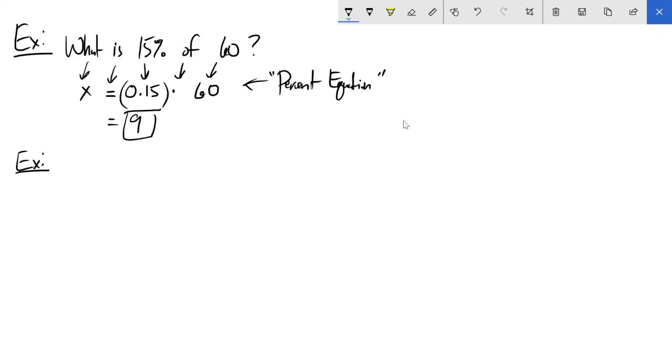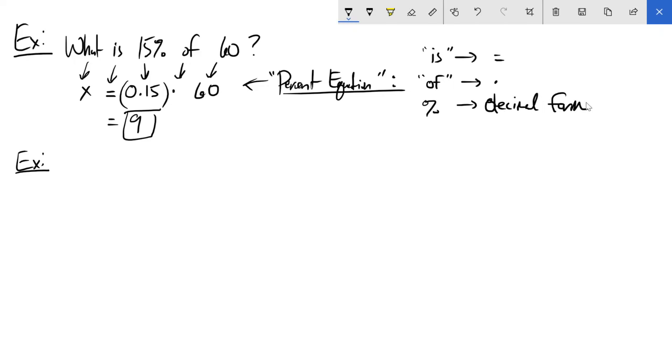If you can frame a percentage problem into a question like this, an is-of question, then the question itself tells you how to solve it, because is always means equal, of always means times, and percentages always go in decimal form, right? So when we're trying to translate these things into percent equations, is means equals, of means times, and percentages are most easily worked with in their decimal form.